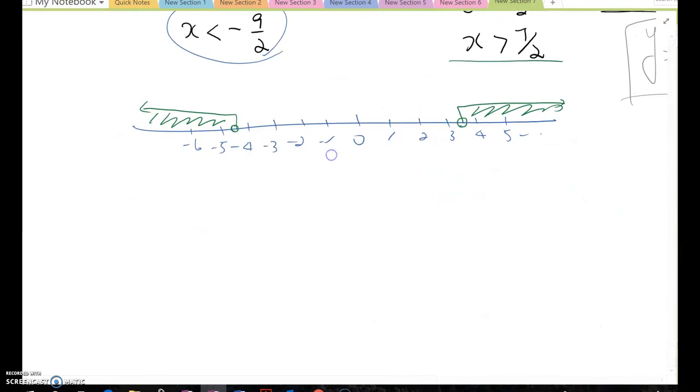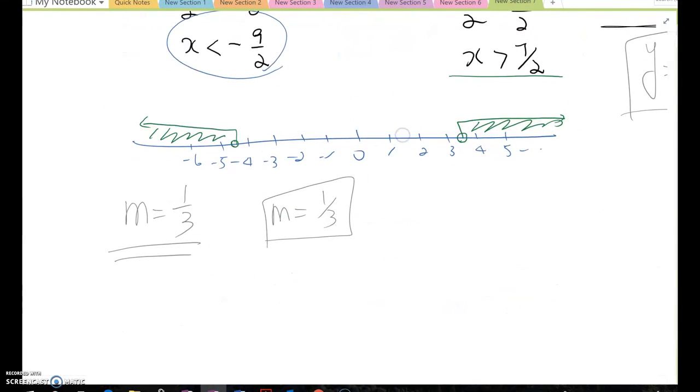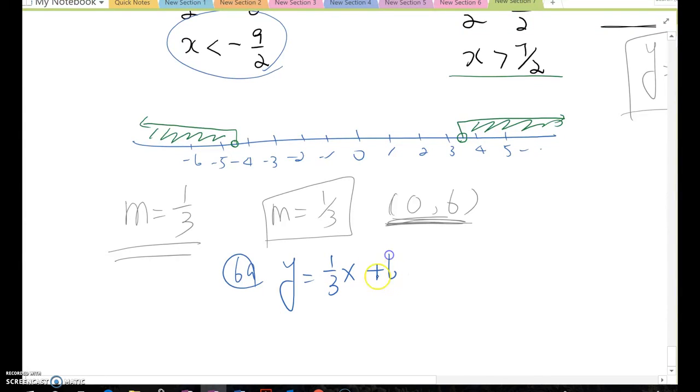Given slope m equals 1/3, any parallel line must have the same slope, m equals 1/3 as well. And then what's the given point? 0, 6. Like last time, if x is 0, then this is already the y-intercept. Therefore, the answer to 6a must be y equals 1/3 x plus 6. That's the answer.